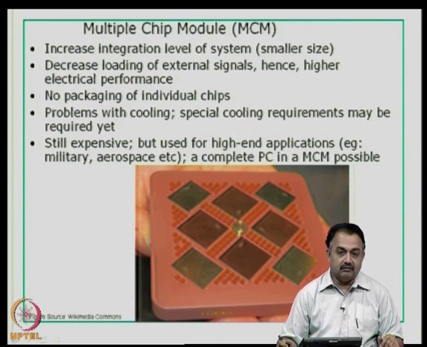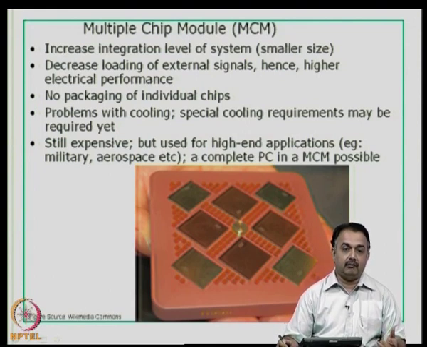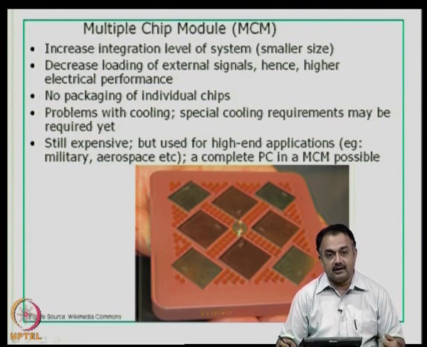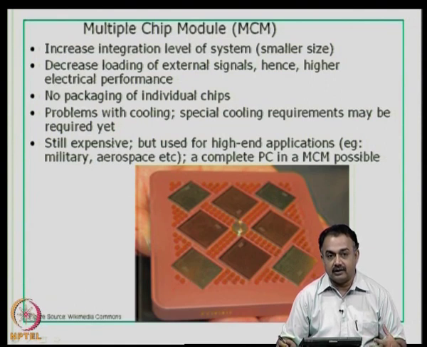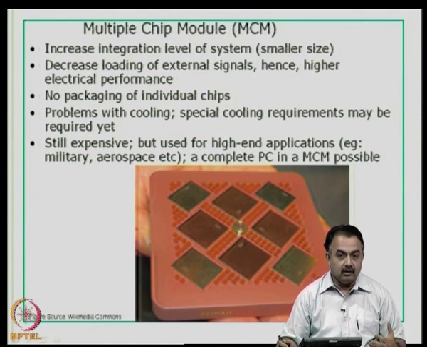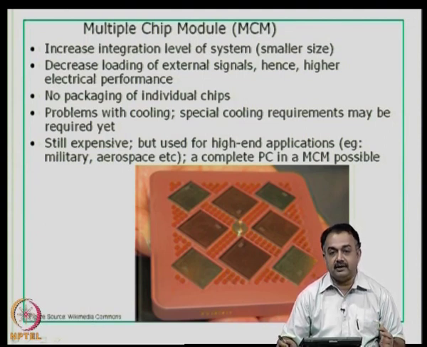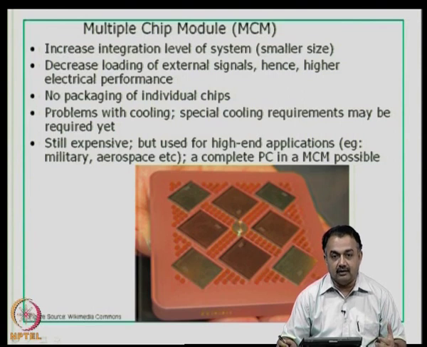It is expensive compared to a printed wiring board. It is expensive because of the substrate. It is a ceramic substrate that is expensive, but it is used for high end applications like military, aerospace, avionics, etc. And therefore, it is bound to be expensive. For example, if you can build a complete PC in an MCM, then that is great. Okay.